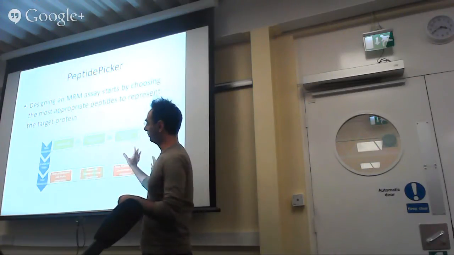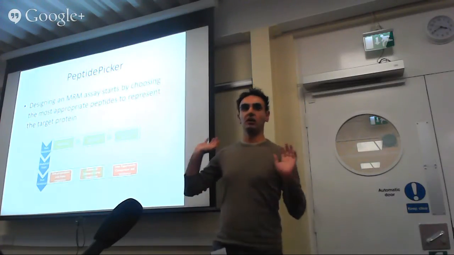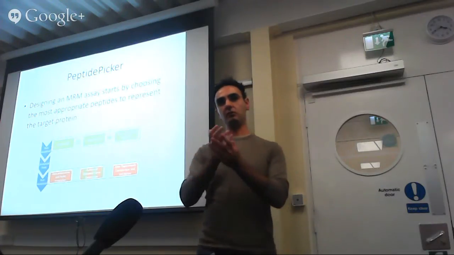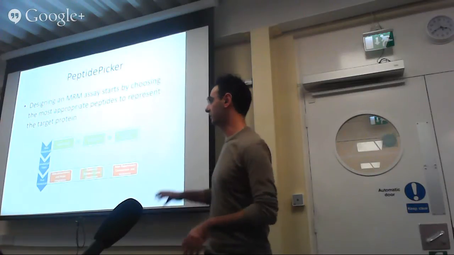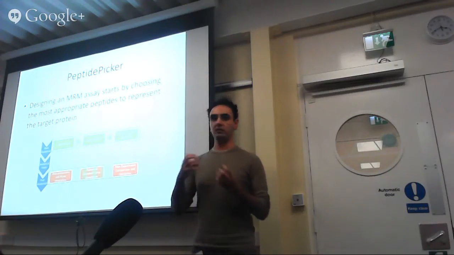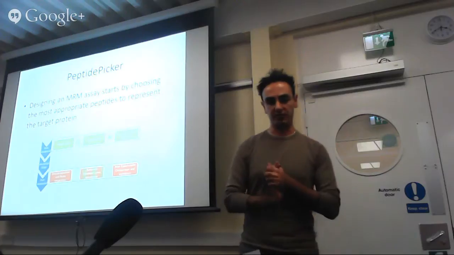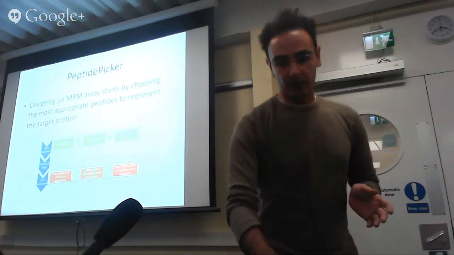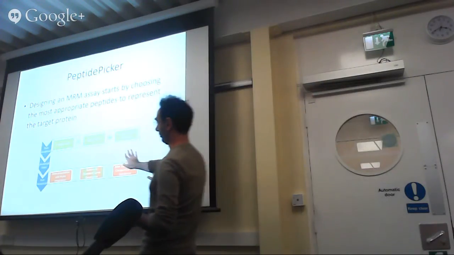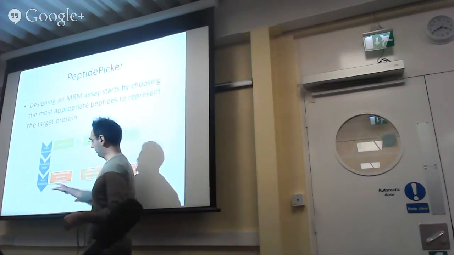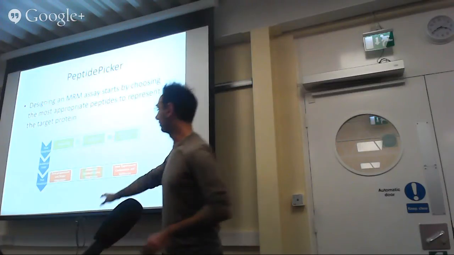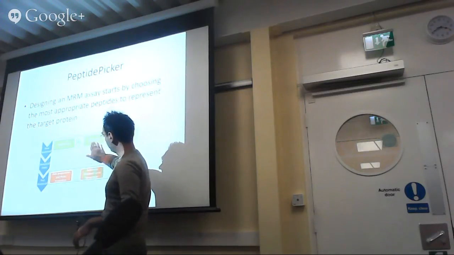So what we're trying to do here is to harvest everything that's existing there in the net, bring this data together and try to come up with a weighted list for the selected protein. And that's just one step in the process. So before it, after it, and then after the analytical step, there are all other steps. But I will be talking about peptide picker, which is only this step here.